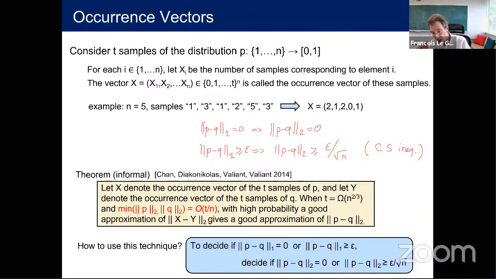So if you are able to detect which is the case, you are able to solve the original problem. Okay? So this reduces the problem of estimating the L1 distance to the problem of estimating the L2 distance, with a much smaller value here. And we will use that.